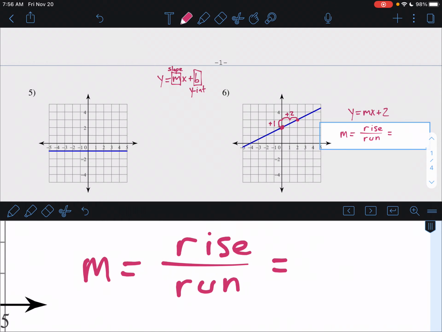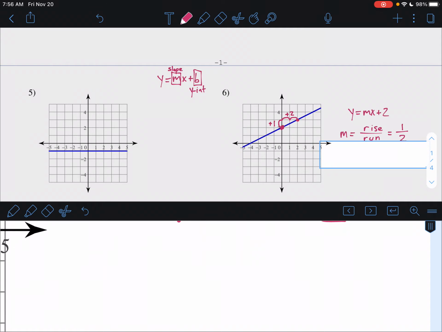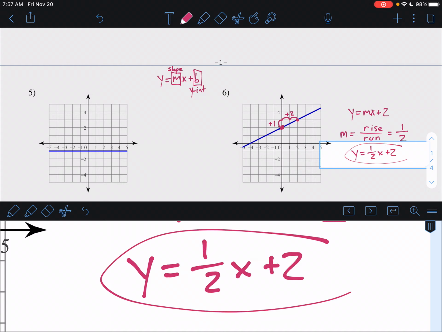So my rise here was +1. My run here was +2, meaning my m is 1/2. So my equation for this line is y equals 1/2 x plus 2.